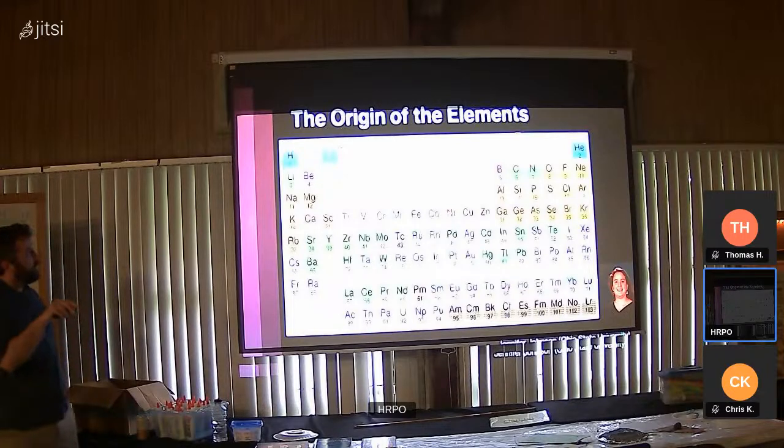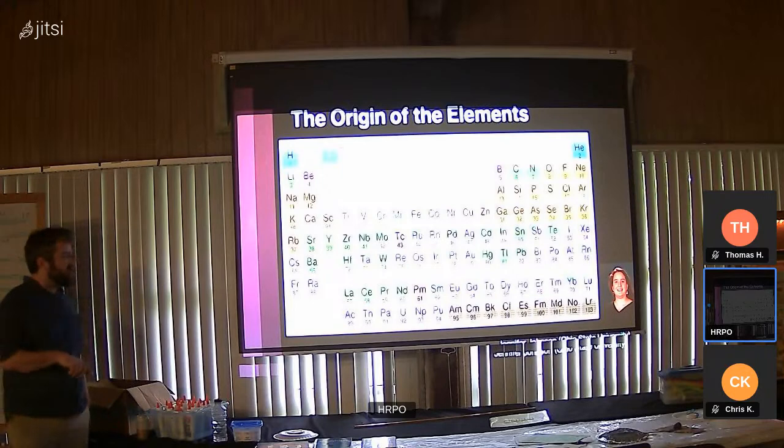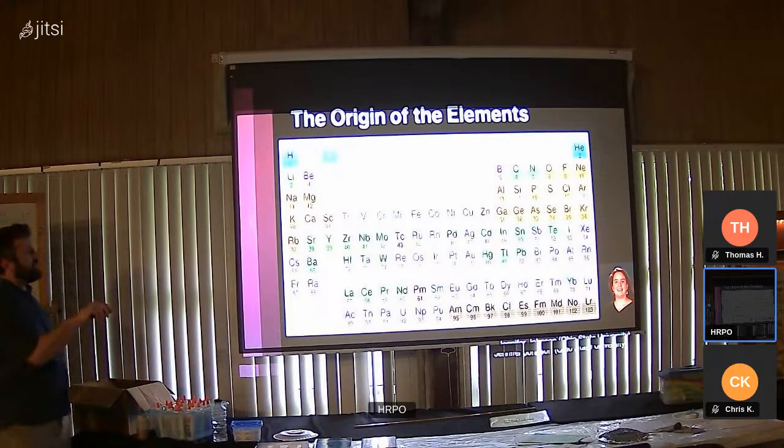And then there's a few elements that have had to be created in a lab because they maybe get produced in these conditions, but they are unstable and decay to other things before we ever have a chance to see them. Technetium is actually an interesting case.